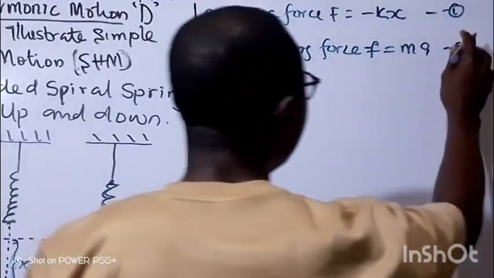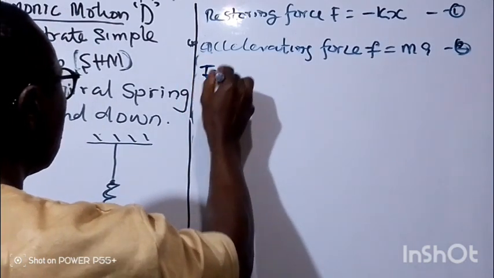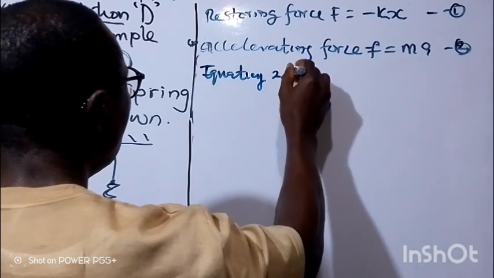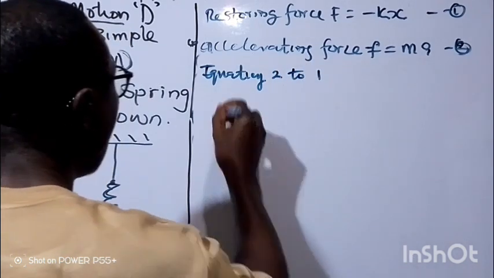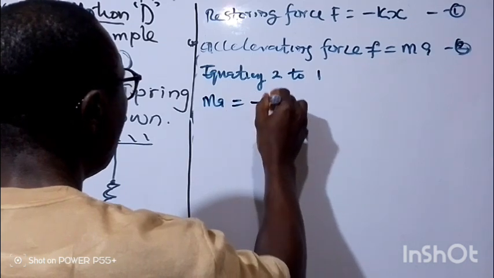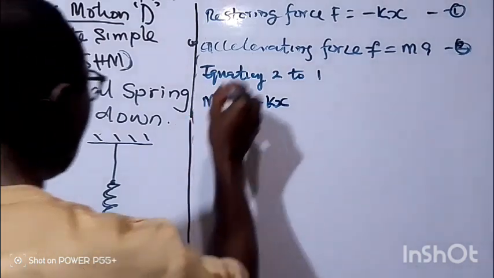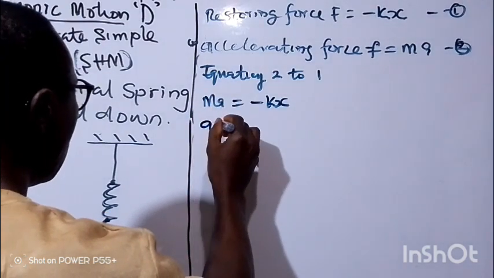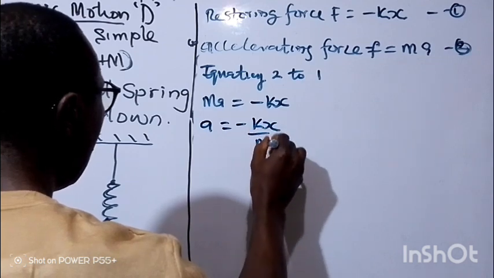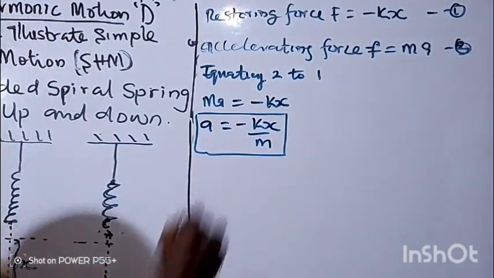If we equate 2 to 1, we are going to have ma equal to minus Ks. Then the acceleration of a spiral spring will be a equals minus Ks over m. That's the acceleration of a spiral spring.